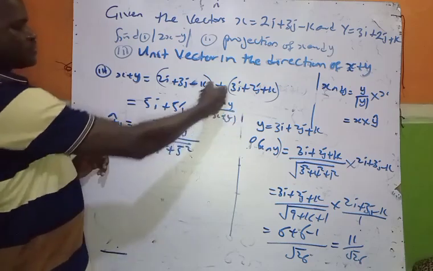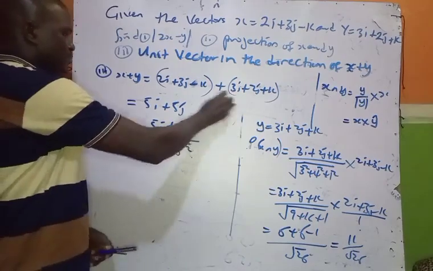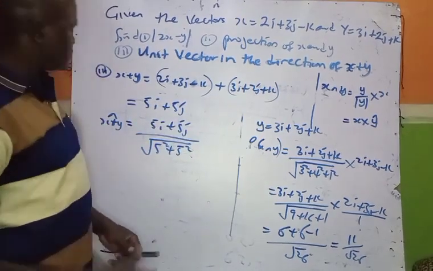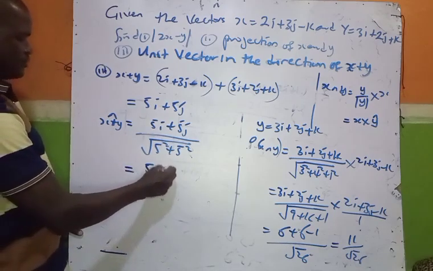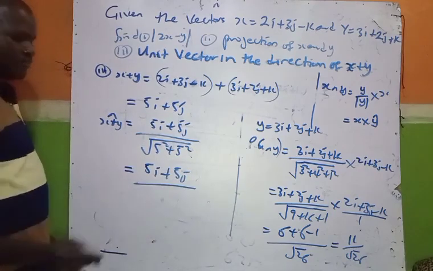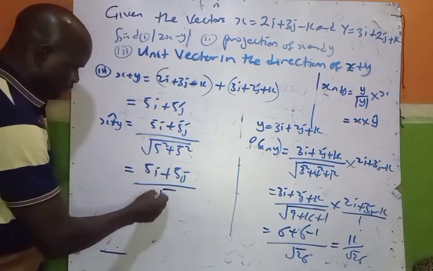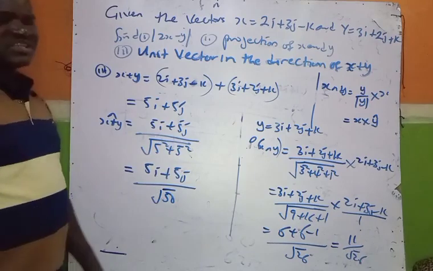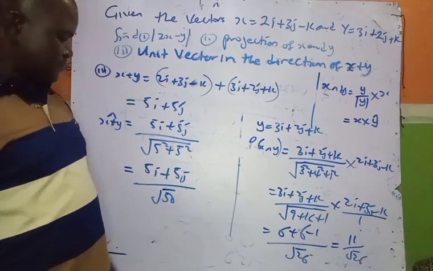So if you want to define this, you can define it like this. So you have 5i plus 5j over, here is 5 squared, that's 25 plus 25, so that's 50.